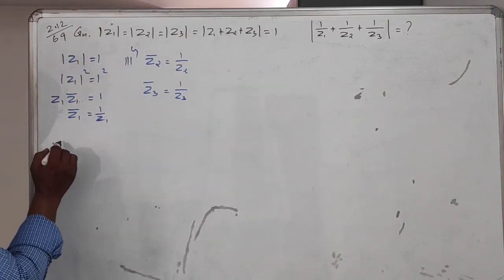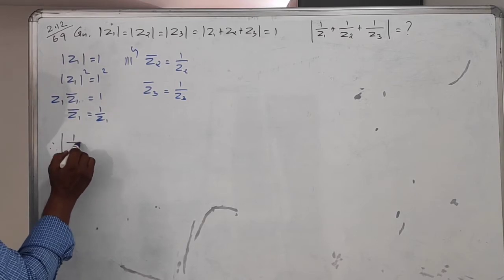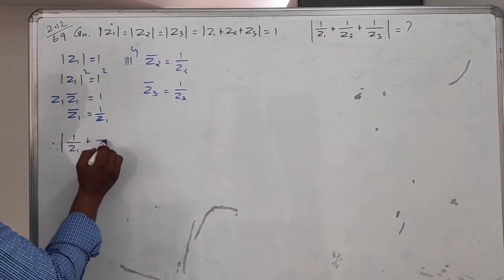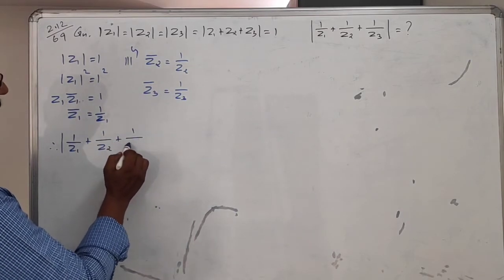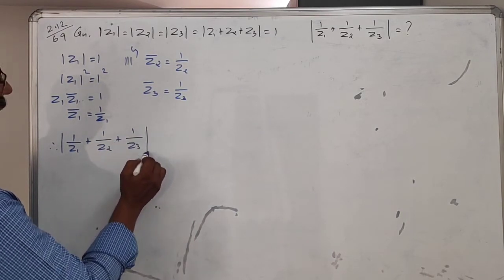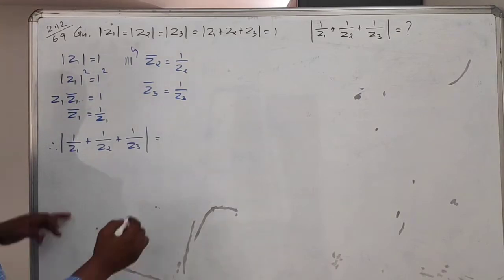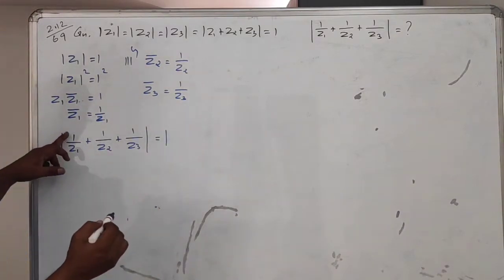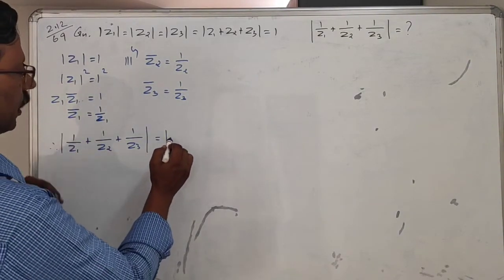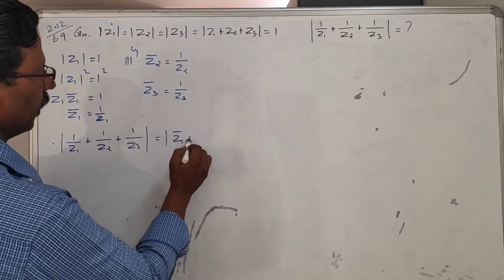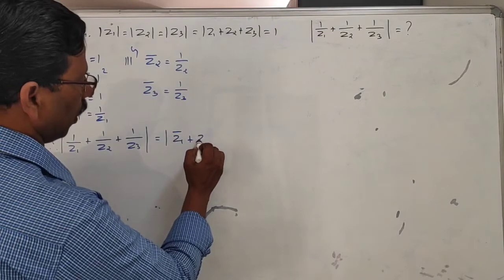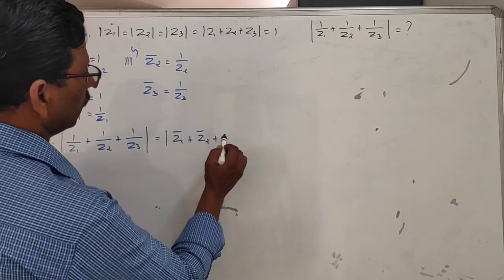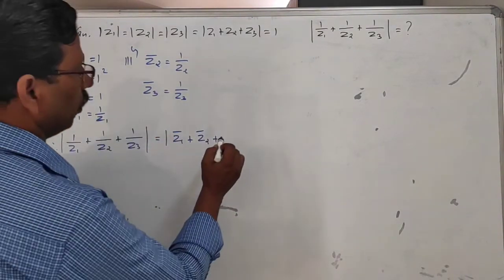Therefore, modulus of 1 by Z1 plus 1 by Z2 plus 1 by Z3 is equal to modulus of, what is 1 by Z1? Z1 bar. Then plus 1 by Z2 equal to Z2 bar, then plus 1 by Z3 is equal to Z3 bar.